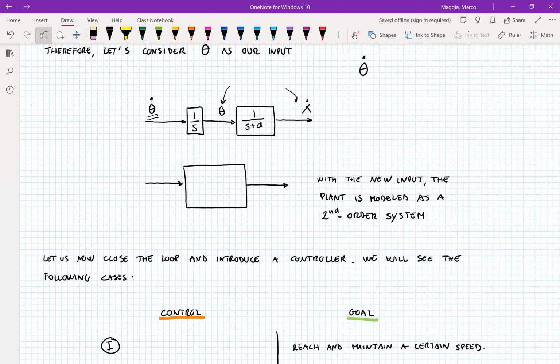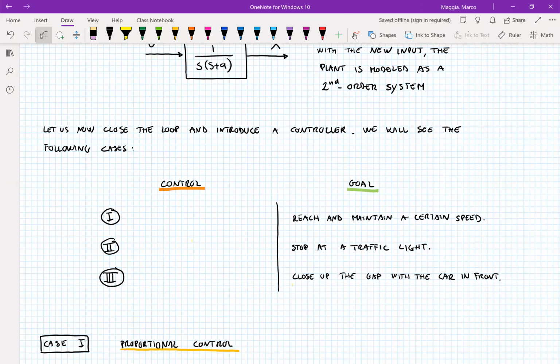All right, so now that our input is indeed the rate of change of the angle of the gas pedal, our new transfer function is going to be the combination of these two blocks. So really our new transfer function is 1 over S times S plus A. So we're dealing with a second order system. All right, so this is just a modification in order to make it more intuitive, because it makes more sense to drive commanding a rate of change of the angle rather than a certain value for the angle for the gas pedal.